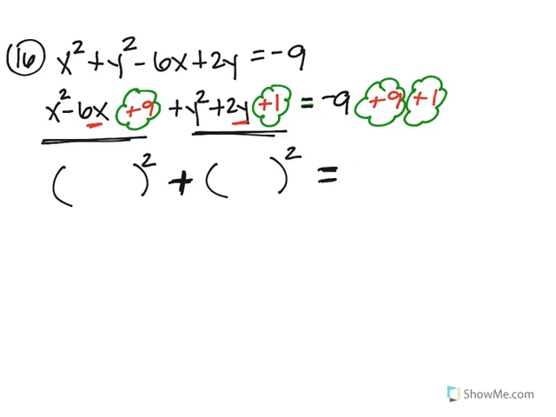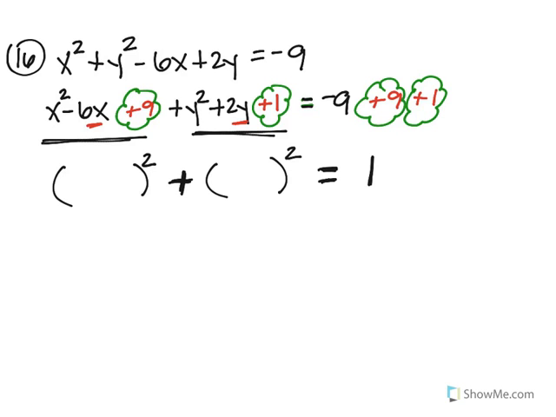I would check this number first, just to make sure you get an actual number, a positive number. And -9 plus 9 plus 1 would give us +1, okay? So you have an actual circle.